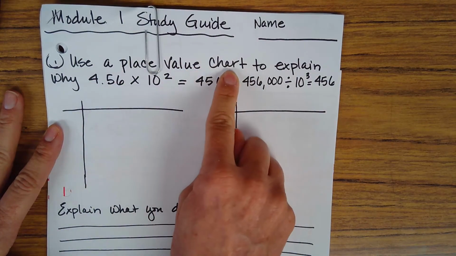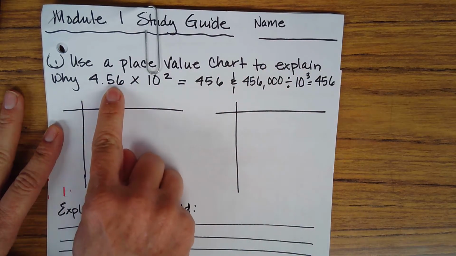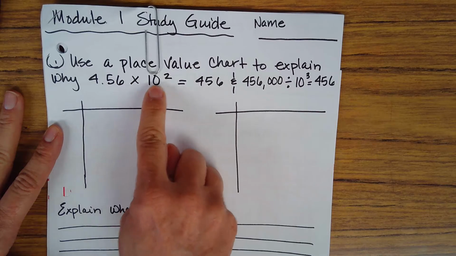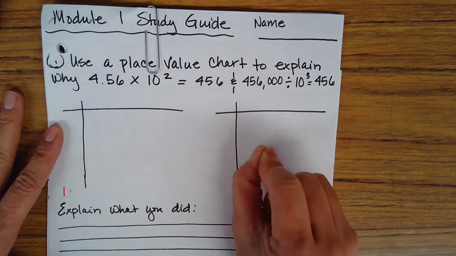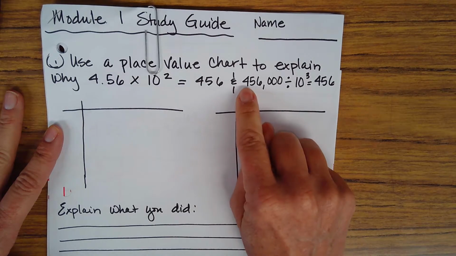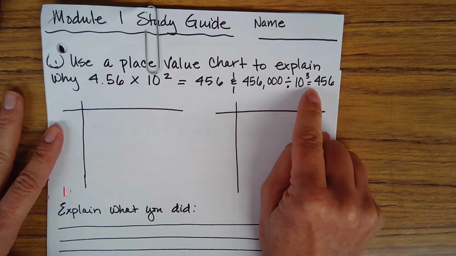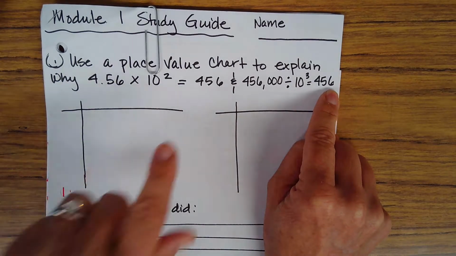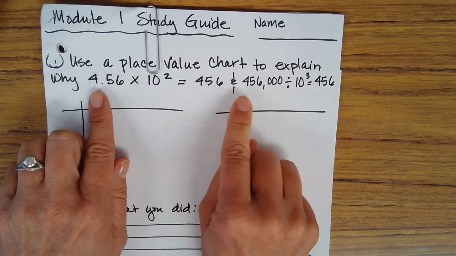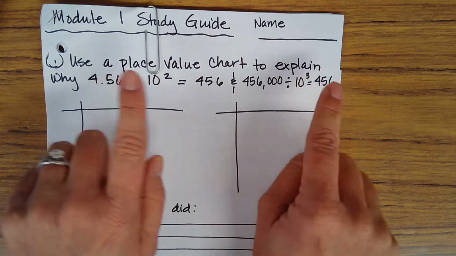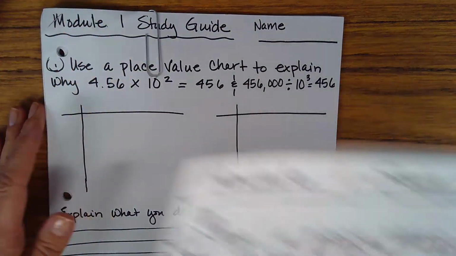Yes, you must use the chart to explain why 4.56 times 10 to the second is equal to 456, and why 456,000 divided by 3 is equal to 456. So why are they the same? Why are they two different problems, but they give you the same answer? That is what you're trying to prove to me.